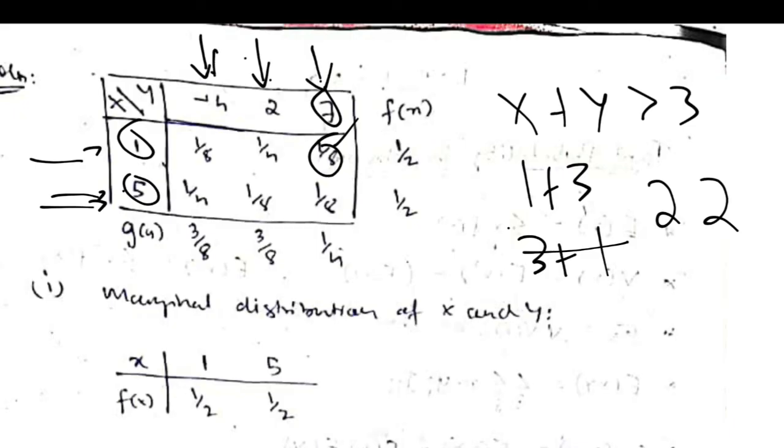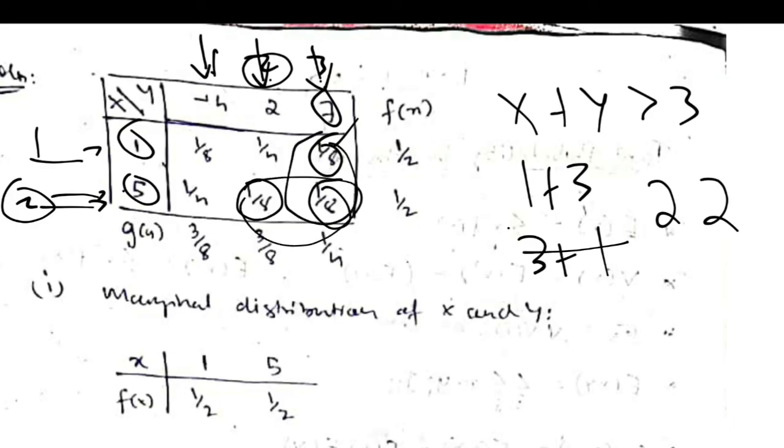Sorry, this is 1, 2 and 3, this is 1 and 2. So 2 and 3 can be taken here, 2 and 2. 2 and 2 means this one. 2 and 1 can't be taken, 2 and 2 can be taken, 3 and 2 can also be taken. So these 3 are the selected elements.